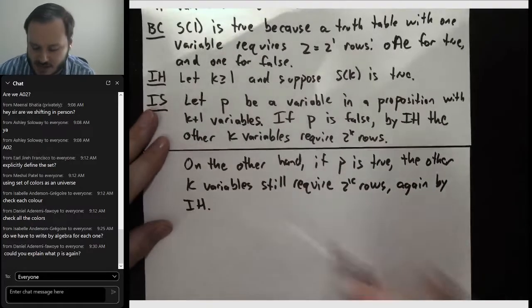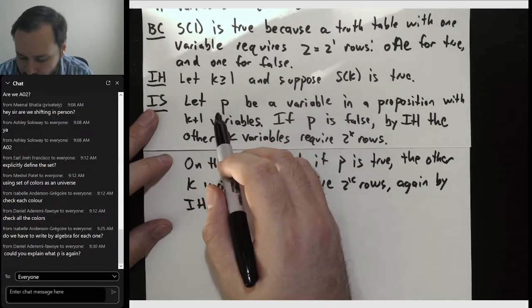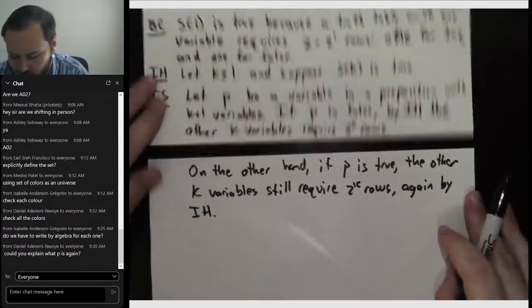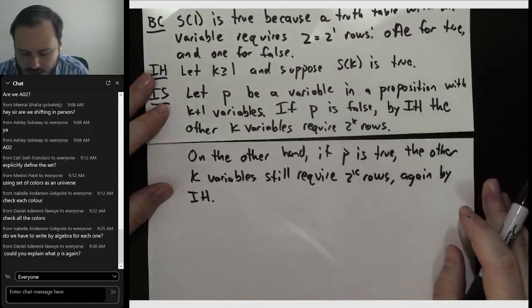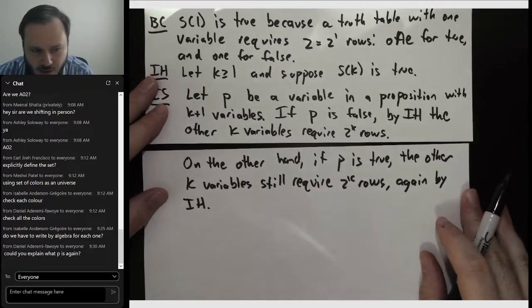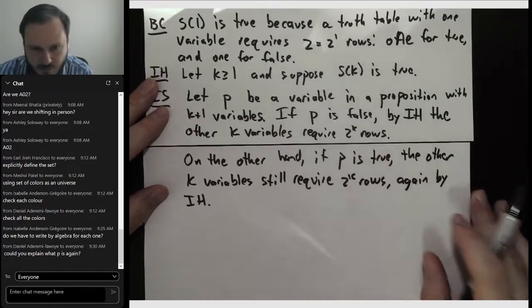Can I explain what p is again? P is one of the variables in my proposition. So maybe my proposition is something like P and Q implies S or T, right? P is just one of the variables I'm working with.